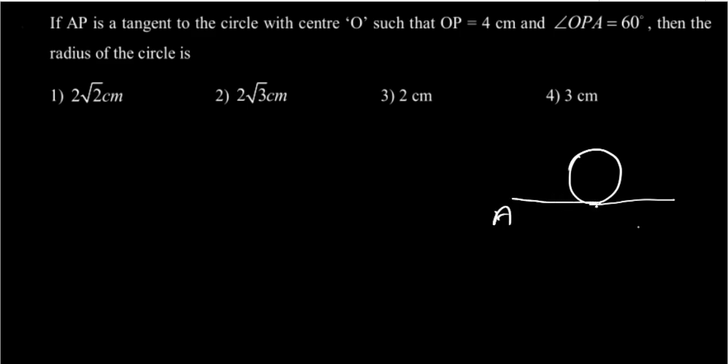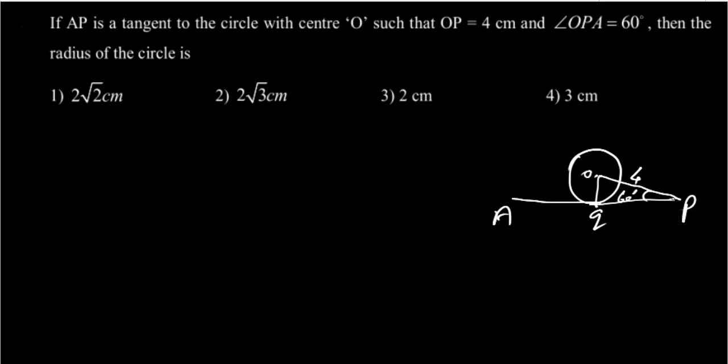AP is the tangent to the circle, and let me take the point Q which is meeting the circle, and the center if we take as O. So, this is OP and this OQ can be the radius. AP is a tangent to the circle with center O such that OP equal to 4 centimeter and OPA is 60 degree. Then the radius of the circle.